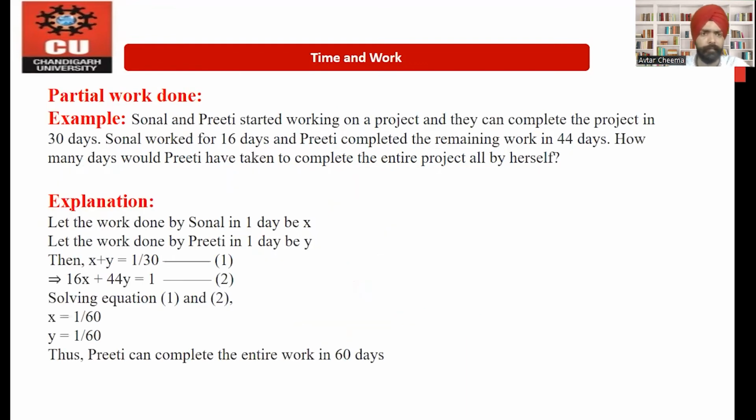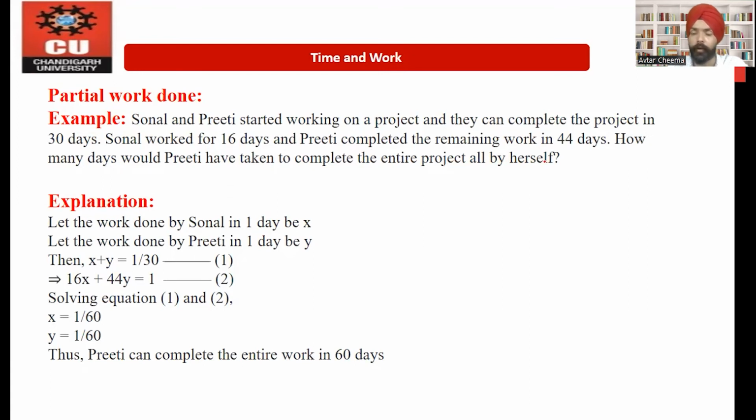Next one. Sonal and Preeti start working on a project and they can complete the project in 30 days. Sonal works for 16 days and Preeti completes the remaining work in 44 days. How many days would Preeti have taken to complete the entire project all by herself?